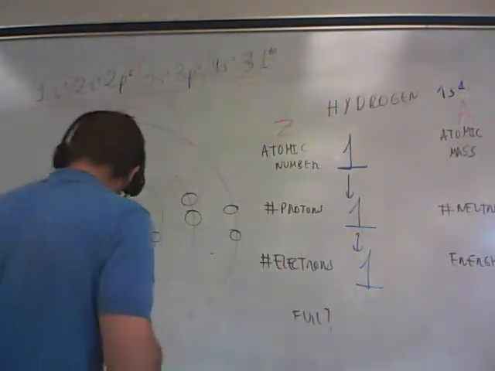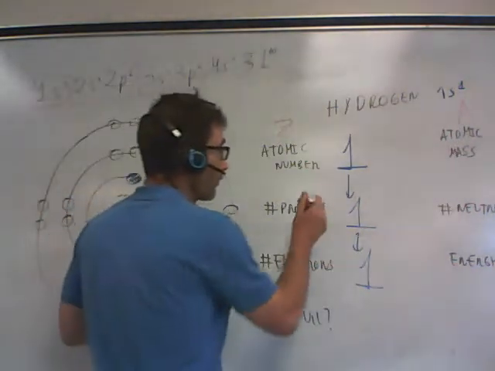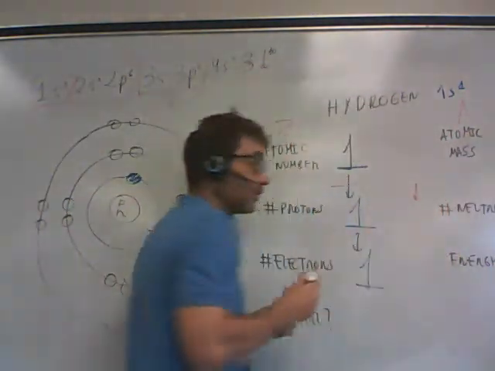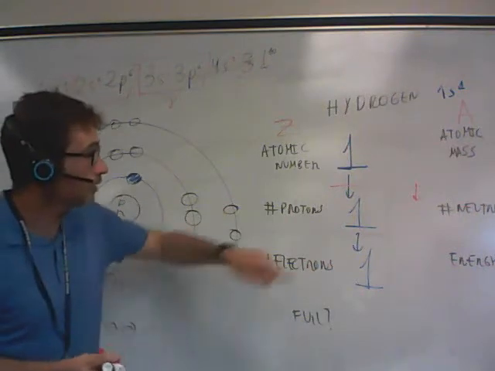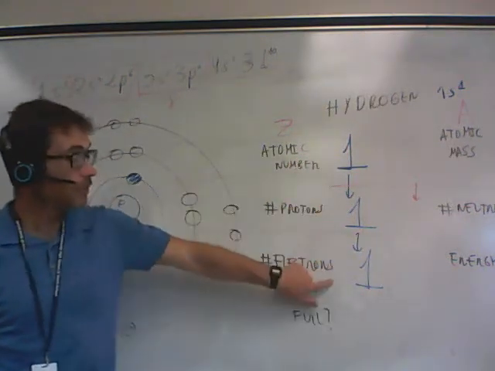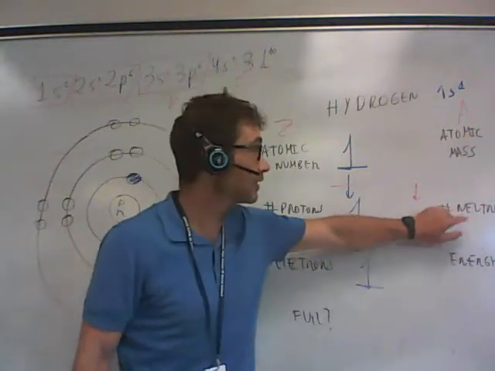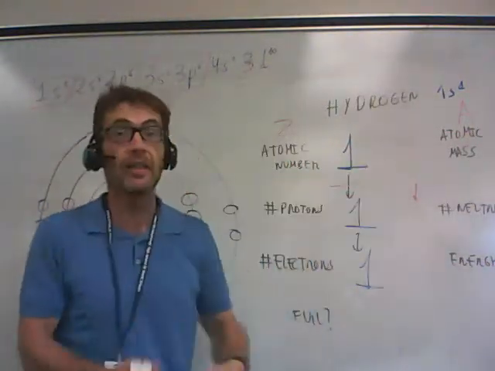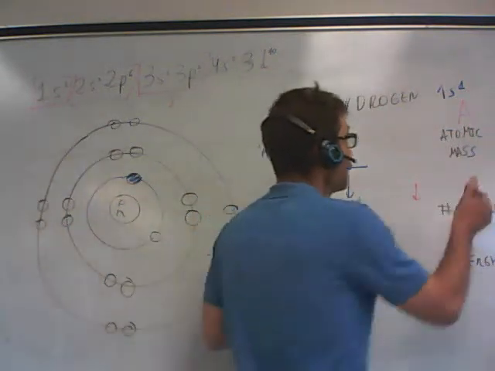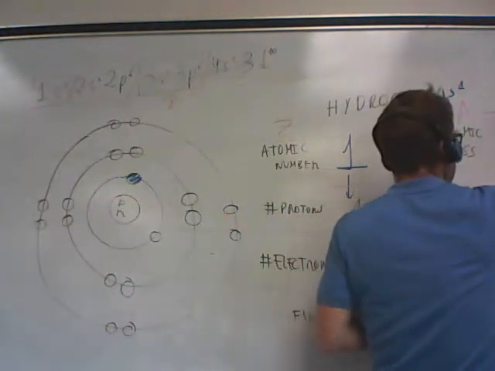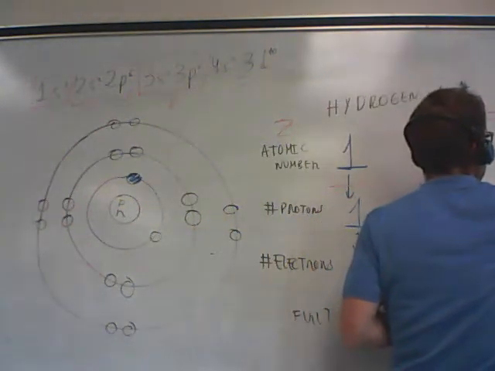Okay, and from these two numbers you get the rest. This is the atomic number. The number of electrons is the same as the number of protons, and the number of neutrons is this number minus this number. The atomic mass is the number of protons plus the number of neutrons.